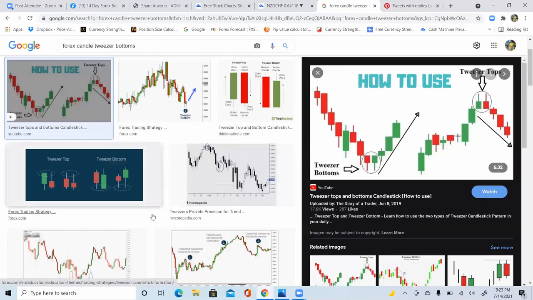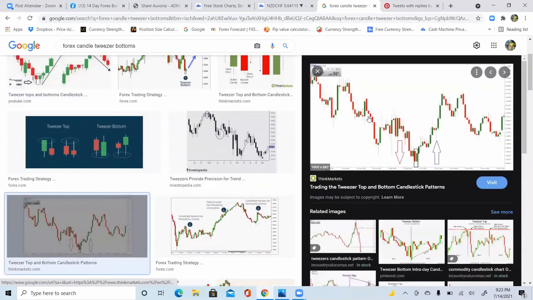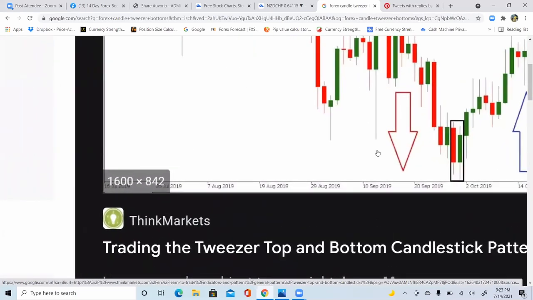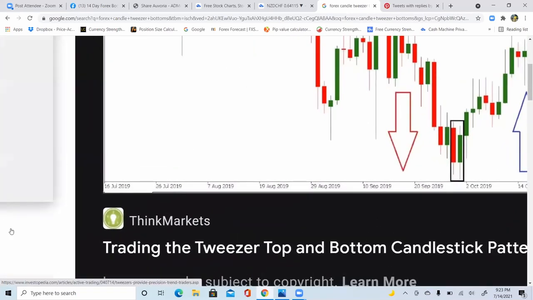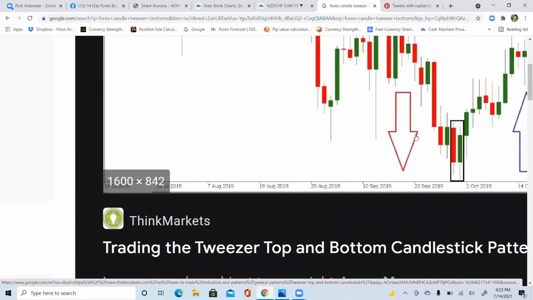Let's look at another example. So you see here, if we look, see if I can zoom in. There we go. If you look here, you see how it's not necessarily perfect, but you have similar candles, one of one color and one of the other color in one area.